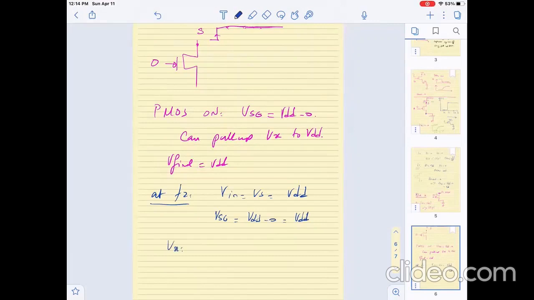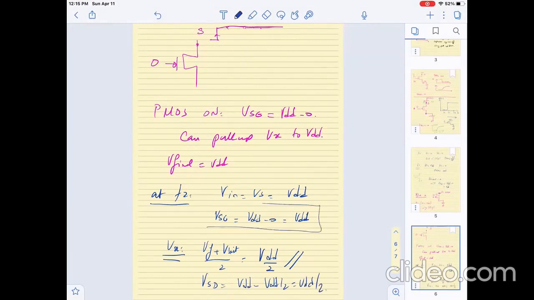Then Vx would have reached its midpoint, which is V final plus V initial over 2, equal to VDD over 2. Therefore VSD is equal to VDD minus VDD over 2, which is VDD over 2. So now I have my VSG and my VSD at the different time points.